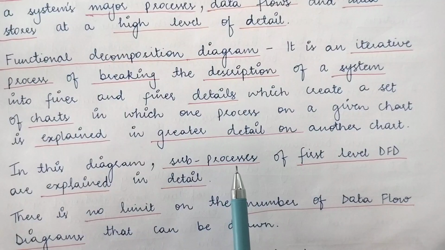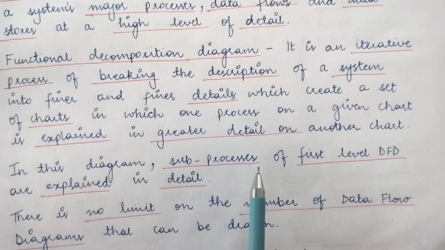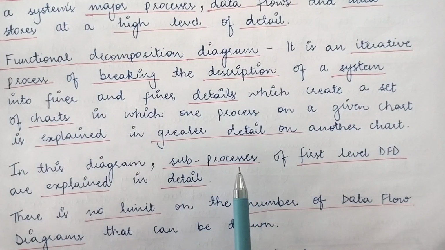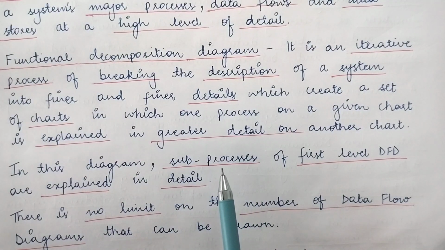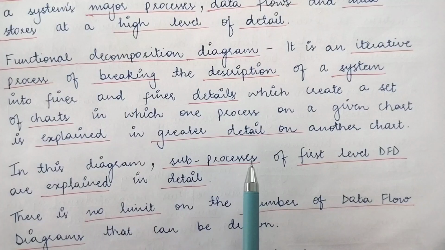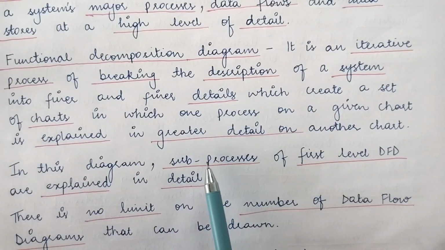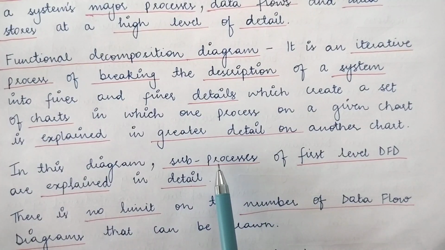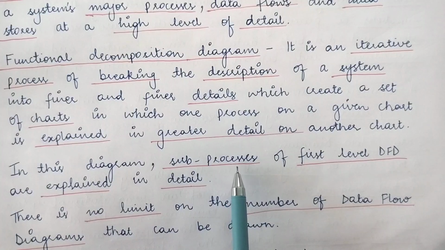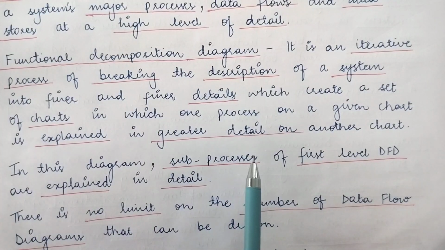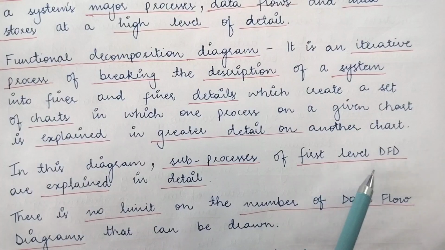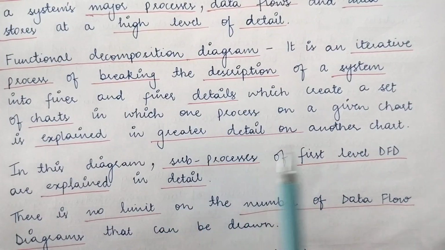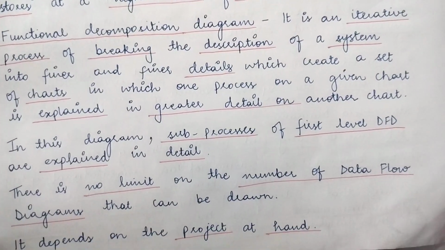But when we move on to the functional decomposition diagram, we go into much finer details. The process has already been described in the first level DFD, but here we move on to describing the sub processes of that process which were not described in the first level DFD.